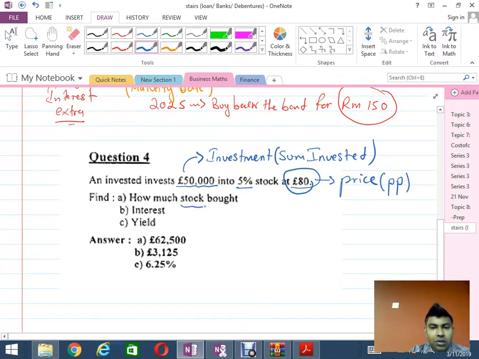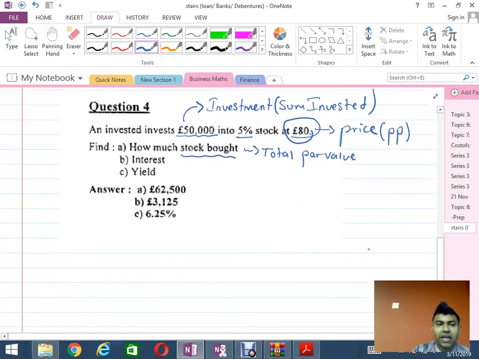How much stock bought? When they say how much stock bought, they want you to calculate your total par value. I already gave you the formula, remember? Look at the formula for A to calculate the par value.